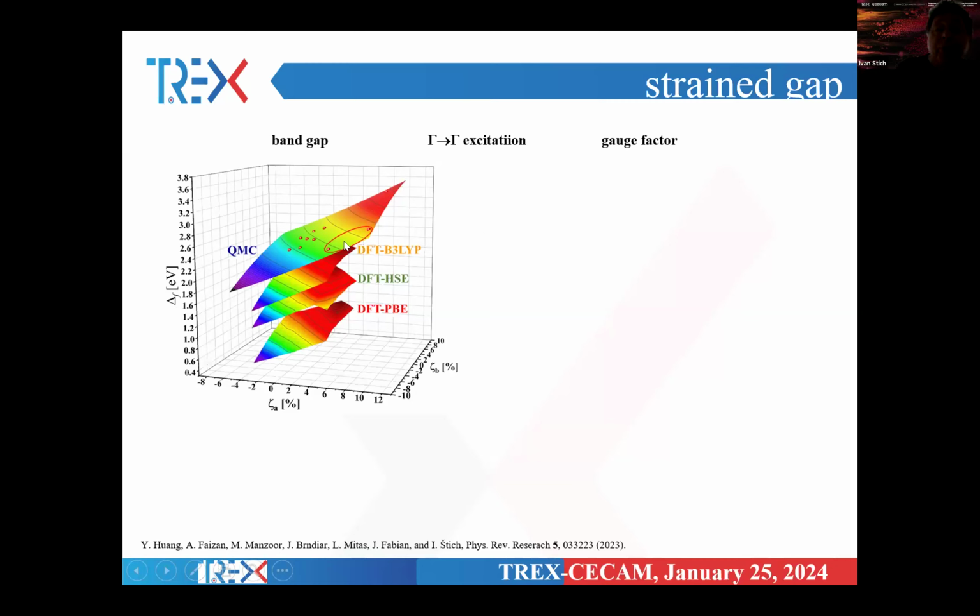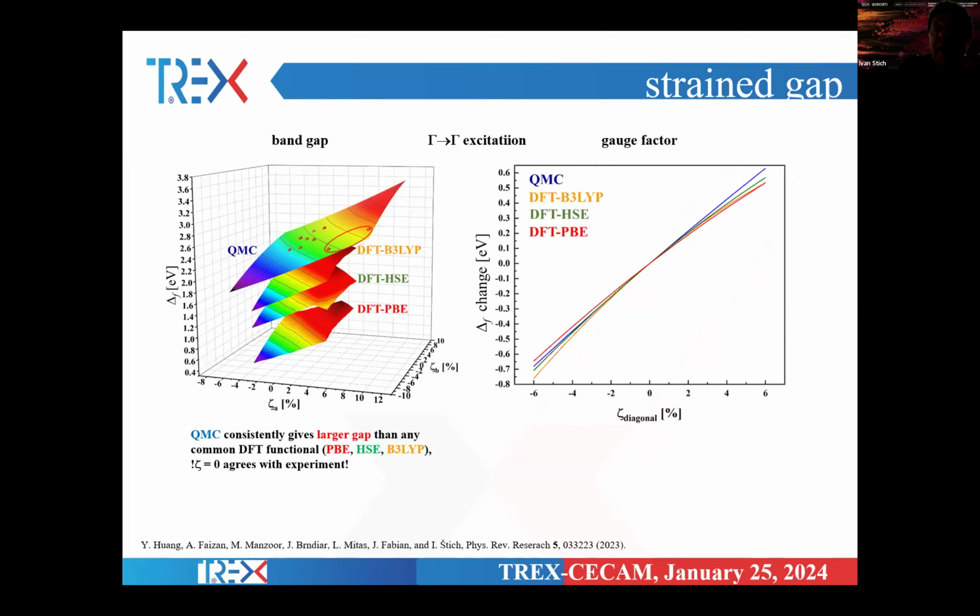We have added 2 more points here to have a better approximation by this paraboloid modeling. And this very important factor is the so-called gauge factor, which says what is the change of the band gap per percentage of applied strain.